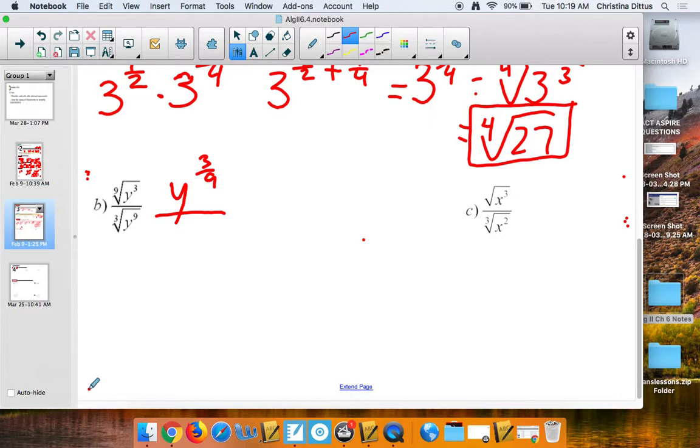Y to the 9th over 3. That's a 9. Okay, well let's simplify. What is 3 divided by 9? 1/3. So I got y to the 1/3. What do I get on bottom? 3. Y to the 3rd. Yep.